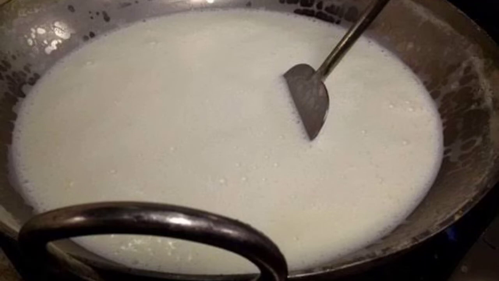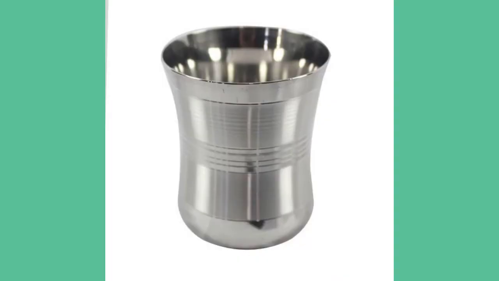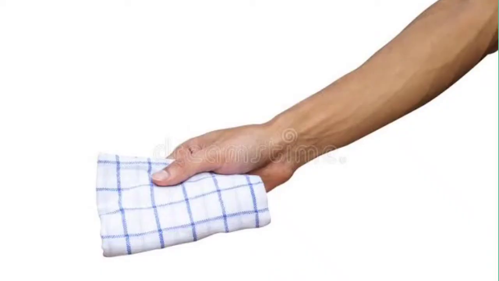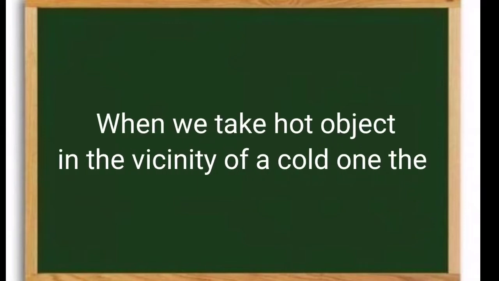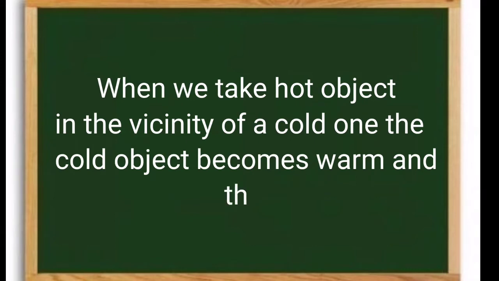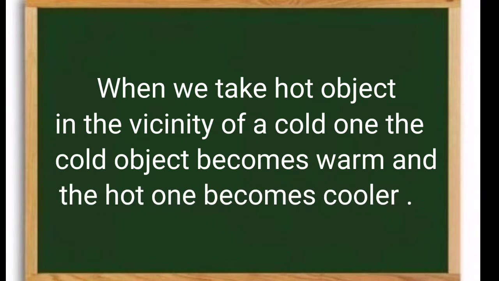When we want to drink hot milk in a stainless steel glass, we hold a handkerchief around it because cloth is a bad conductor of heat. This example shows that when we take a hot object near a cold one, the cold object becomes warm and the hot one becomes cooler.